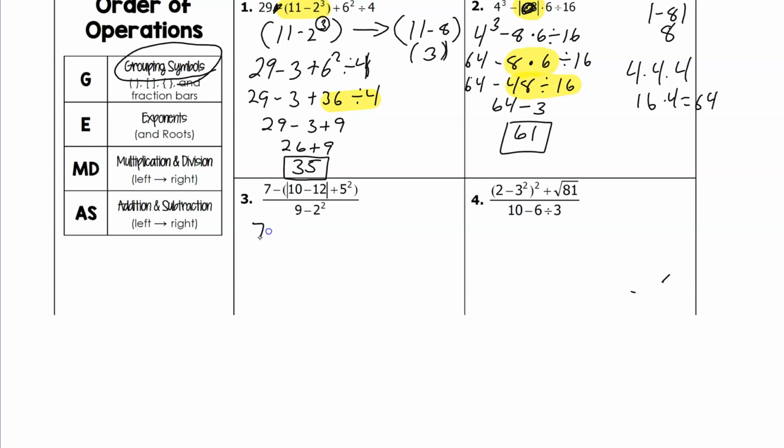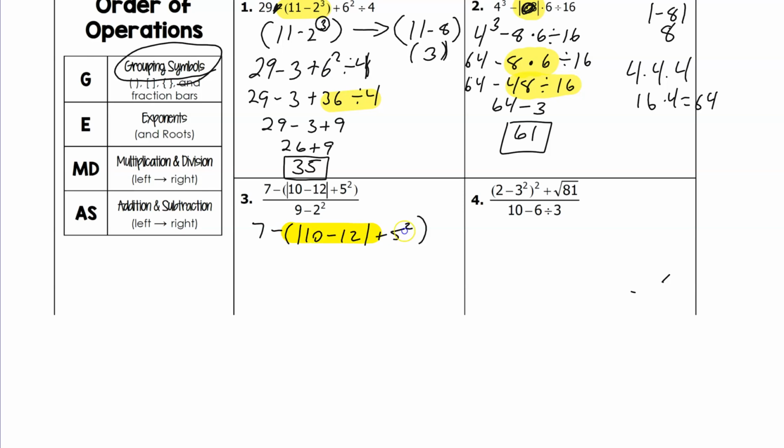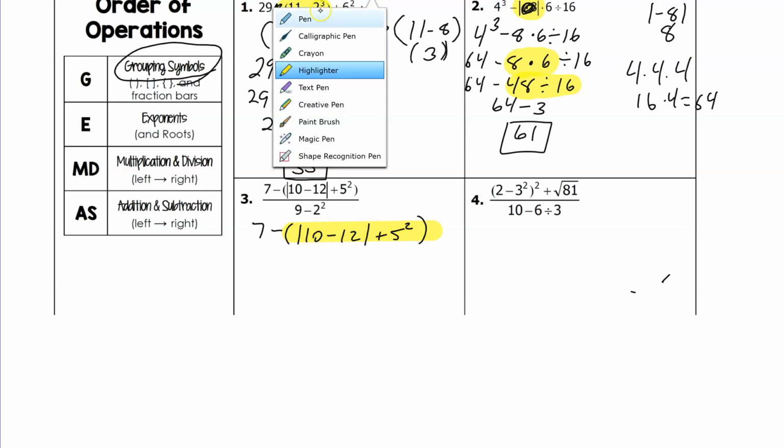I have a 7 minus, parenthesis, absolute value of 10 minus 12 plus 5 squared, all in a parenthesis. So what we have to do first is deal with just our parentheses, right? Because it's always where we start. The outside grouping. See how everything in here is grouped into it? So we're going to go with that first.